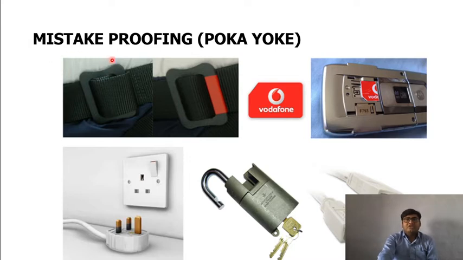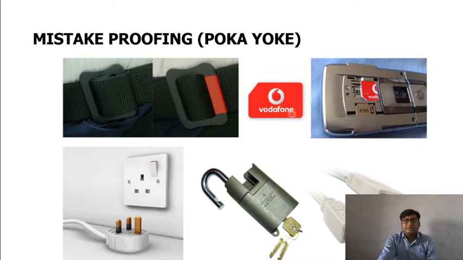Another is this very interesting concept of poka-yoke. Poka-yoke is a Japanese term which means mistake proofing. While designing for assembly, we tend to do mistake proofing. We design in a way that a mistake is not possible at all. And how can we do mistake proofing? Here are some examples.